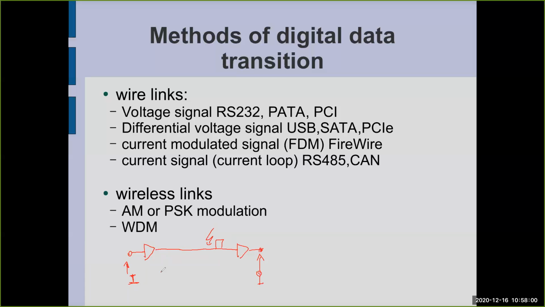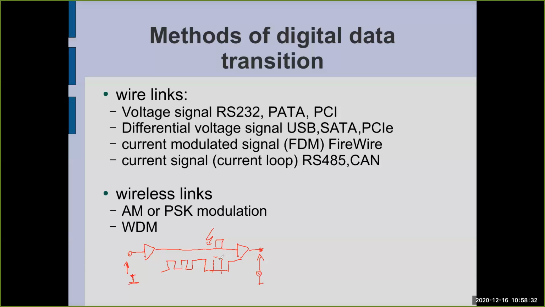I can have a stream of bits here, and if interference is generated, it may induce an extra bit, or it may induce or depress the value of the particular signal.